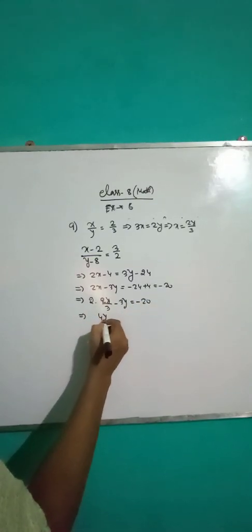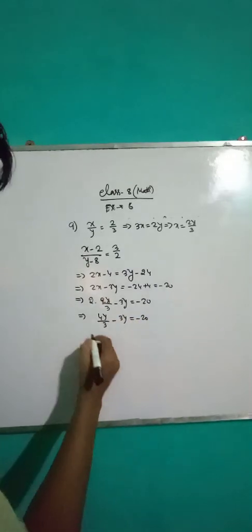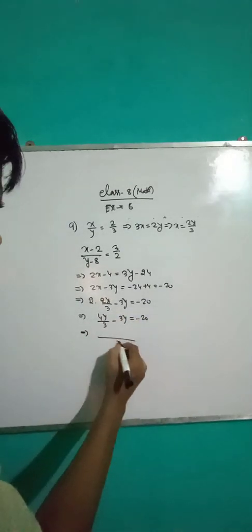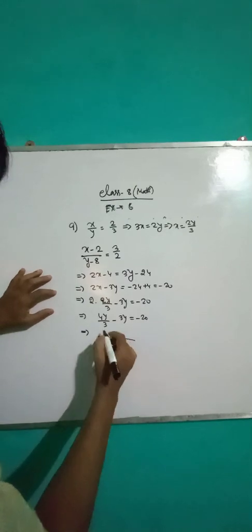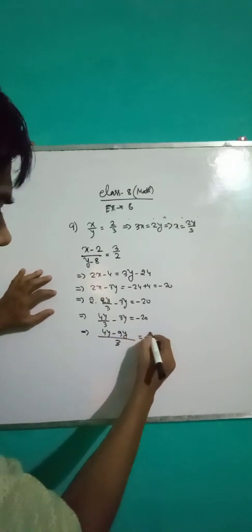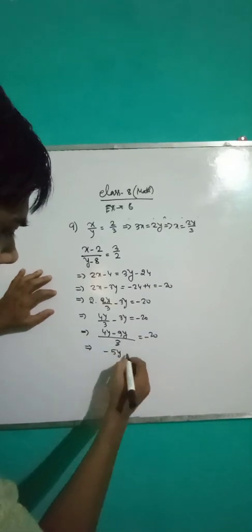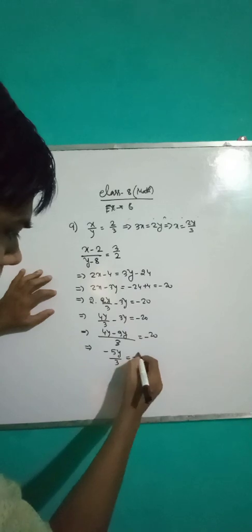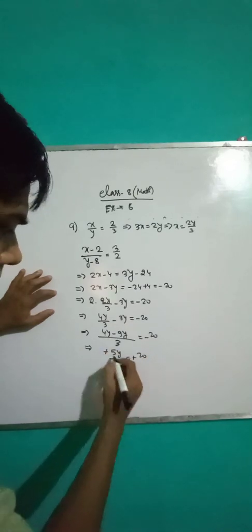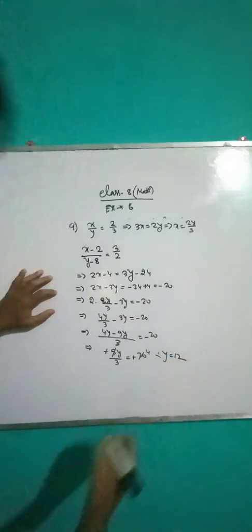So 4y by 3 minus 3y is equal to minus 20. So take the LCM 3: 4y minus 9y is equal to minus 20. Minus 5y by 3 is equal to minus 20. Minus minus cancels, 5 and 4 cancel. You get y value will be 12.